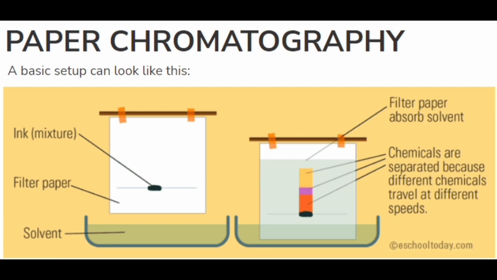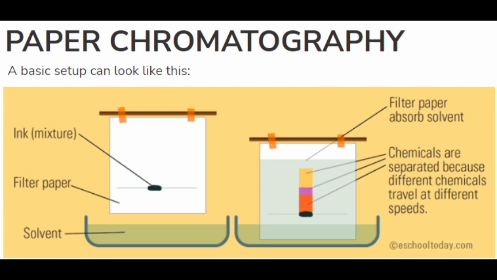Because the different components of that colored mixture are absorbed by the paper differently, its retentive rate is different from the other components of the mixture. So because of that, they separate out. So the property used in chromatography is the absorptive or retentive rate of the different components.